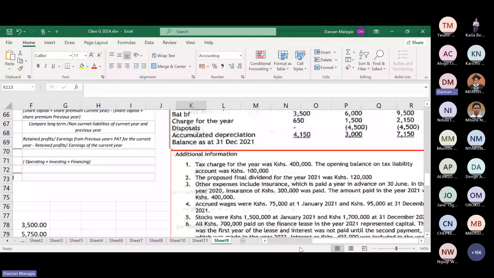So what will be the tax expense in the statement of profit or loss for the year? Now, this is how you look at it. Usually when we close our years, the account will not help with what I wanted to show you.